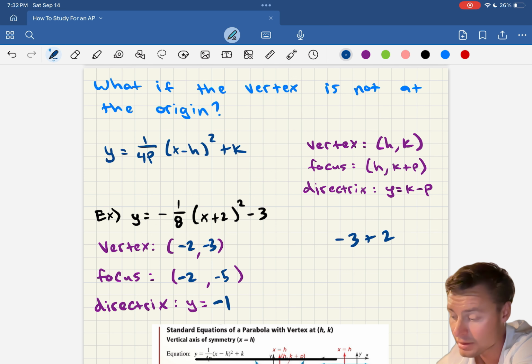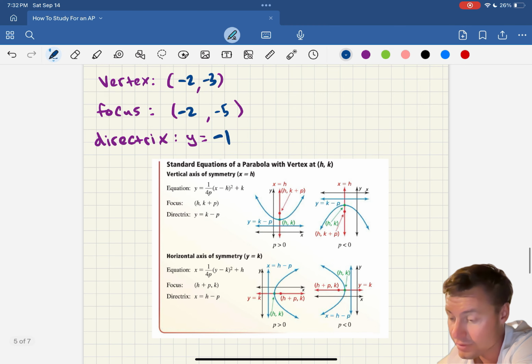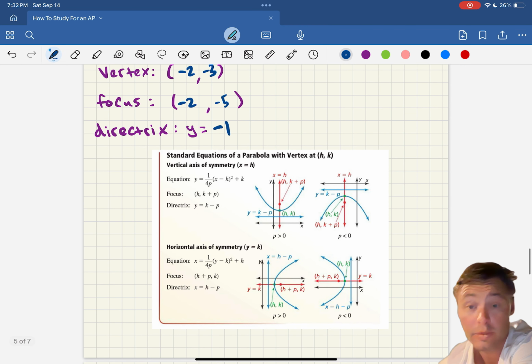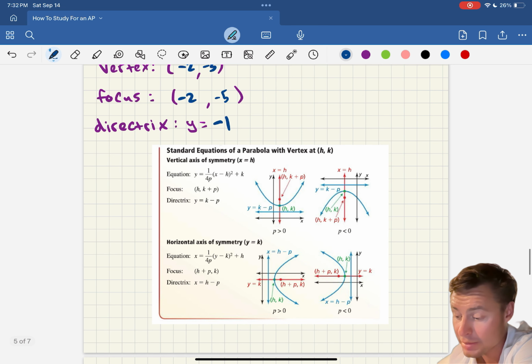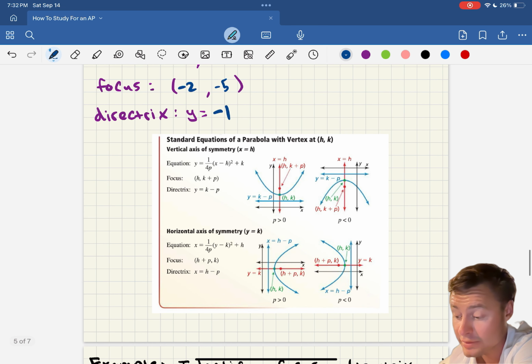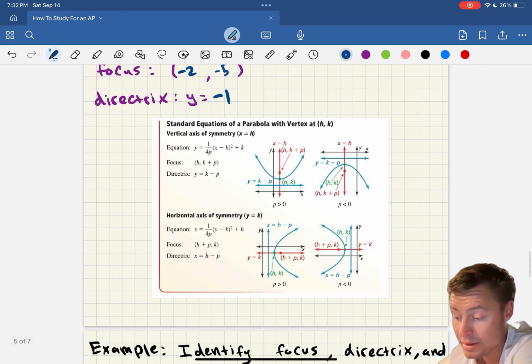All right, great. And here are my general forms of my equation when my vertex is not at 0, 0. Something I want you to note is that when the parabola is facing left or right, inside the parentheses with y is k, y minus k squared, and then h is outside the parentheses, which is different from this equation, right?